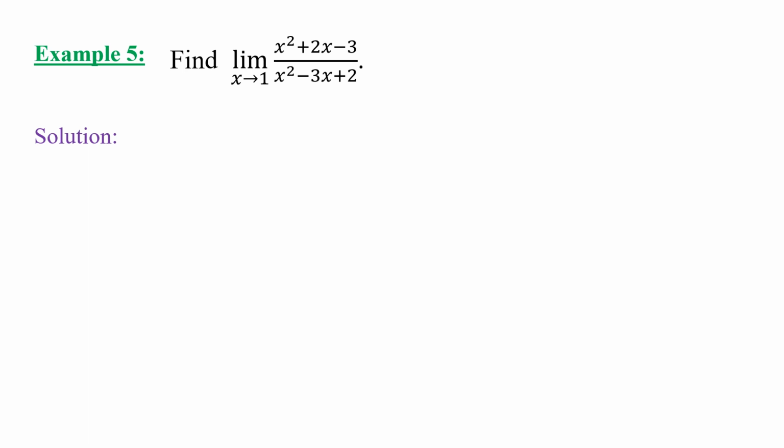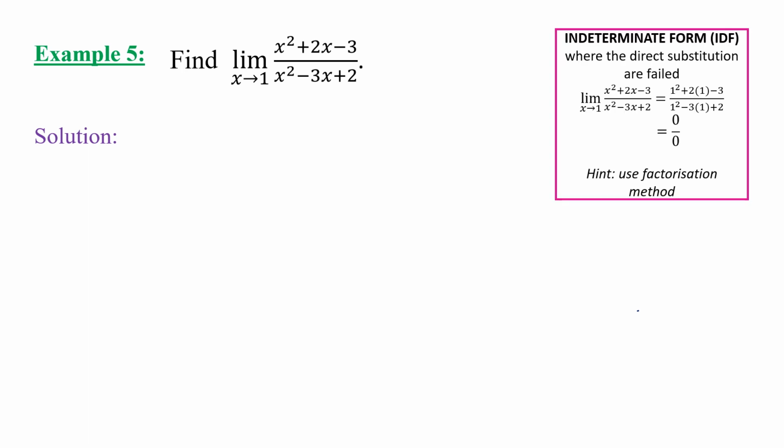Let's start with example 5. Find the limit as x approaches 1 for the function (x squared plus 2x minus 3) over (x squared minus 3x plus 2). So we can use direct substitution. When you substitute x equal to 1 into the function f(x), we get 0 over 0. 0 over 0 means undefined.